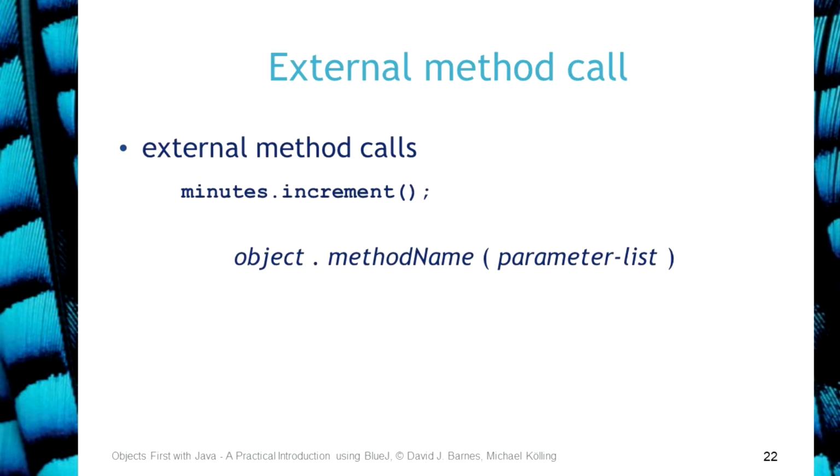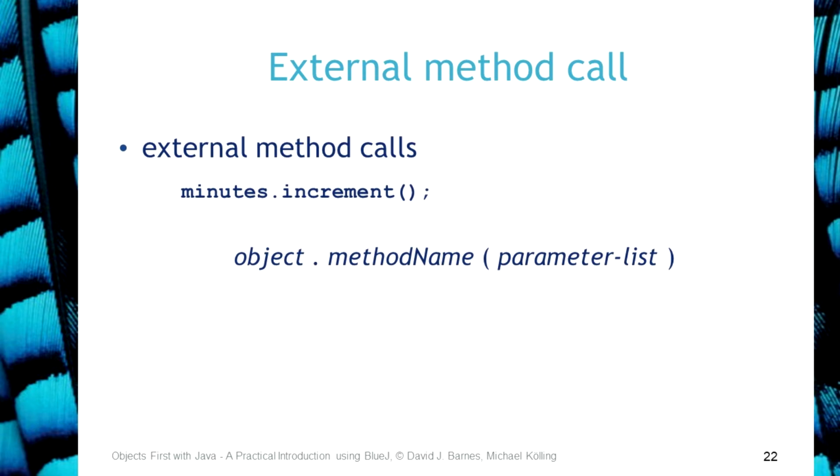A method call to a method of another object is referred to as an external method call. The syntax of an external method call is object.methodName and in brackets parameter list. This syntax is known as dot notation. It consists of an object name, a dot, the method name, and the parameters for the call. It is particularly important to note that we use the name of an object here and not the name of a class.